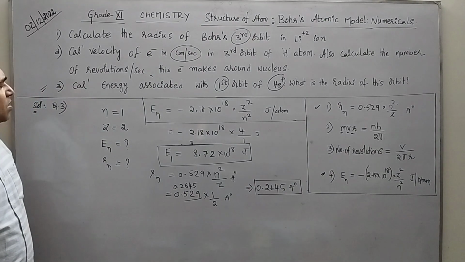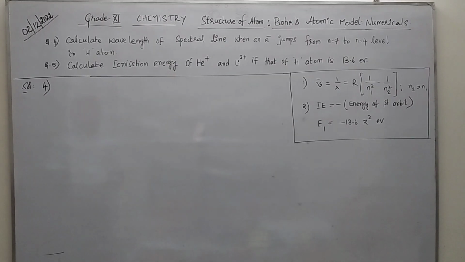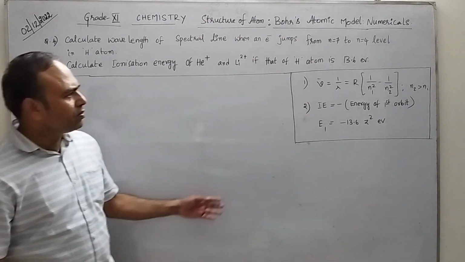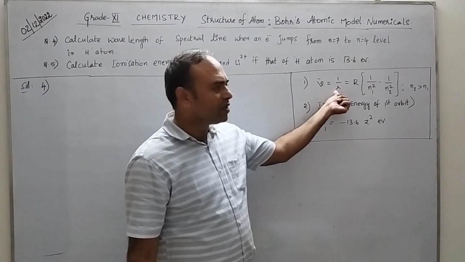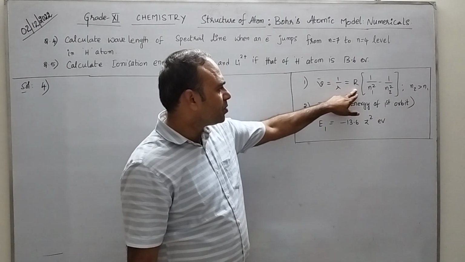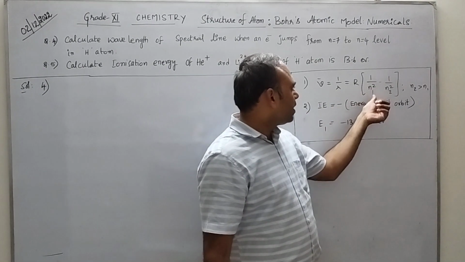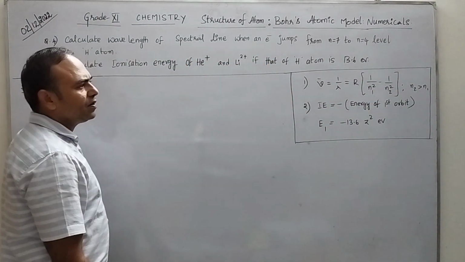Now let us move to question number 4 and 5. Now question number 4. Read it once and you can try to solve it in less than 1 minute. I have given the formula here to recall. Wave number is nothing but the reciprocal of wavelength, 1 by lambda. R is the Rydberg constant, 109,679 per centimeter. You know, 1 by n1 square minus 1 by n2 square, where n2 is always greater than n1.